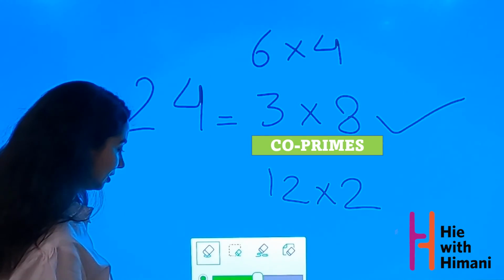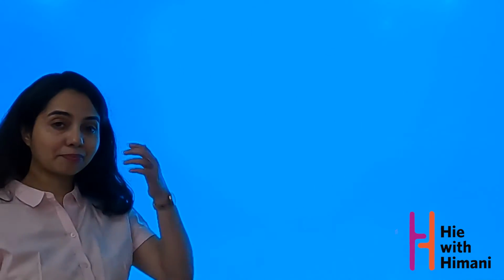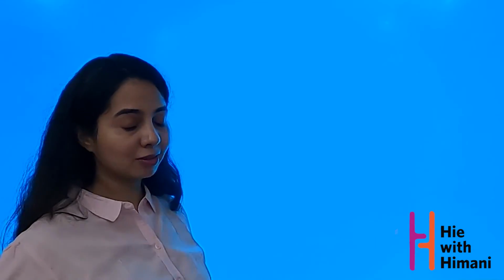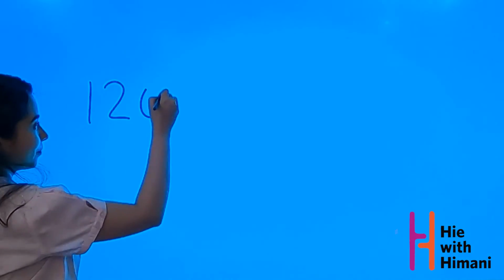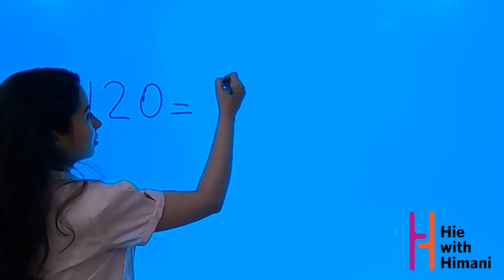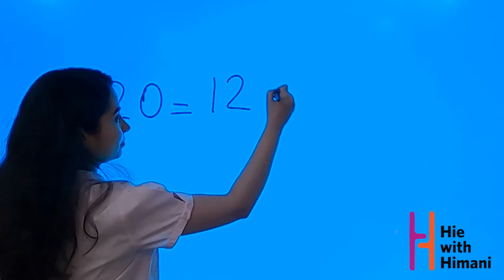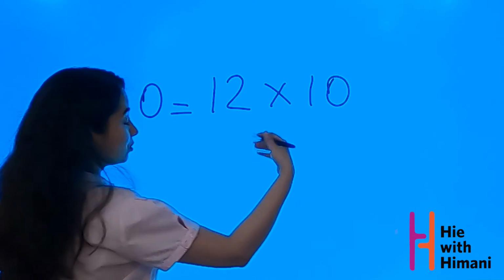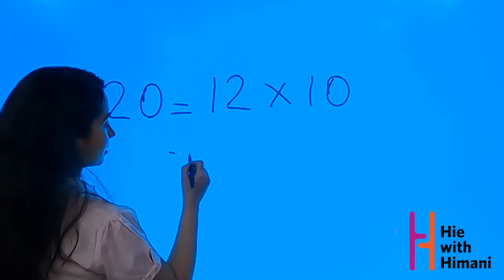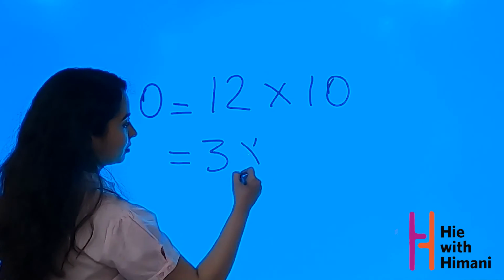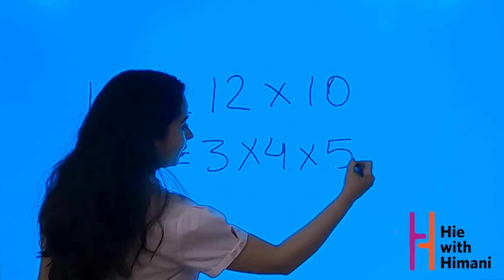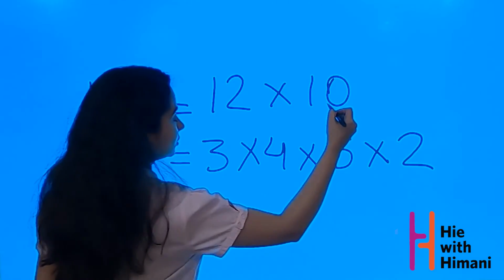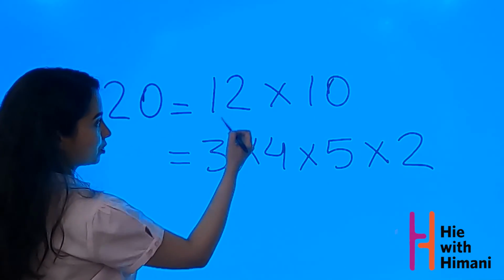Now shall we take a bigger number that is made up of not 2 but 3 co-prime factors? Let's take this number 120. Let's try. So I can say 12 into 10. They are not co-primes. Can I say 3 4s are 12 and then 5 into 2? 10 I have represented as 5 2s and 12 as 3 4s.